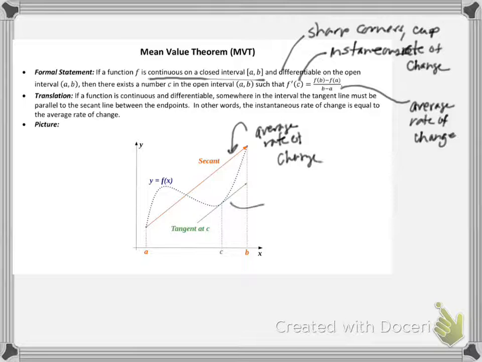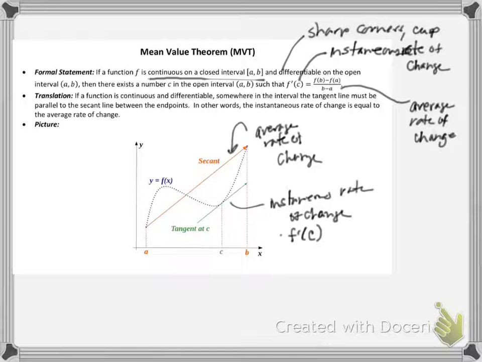And the tangent line is the instantaneous rate of change, or the derivative at whatever x value that is. So the derivative in this case is the derivative at c. All right, so the instantaneous rate of change is equal to the average rate of change. Okay, that's what the mean value theorem guarantees. If the function is continuous on a closed interval and differentiable on an open interval, there is a c. There is at least one c.